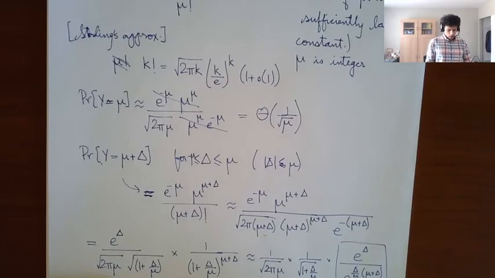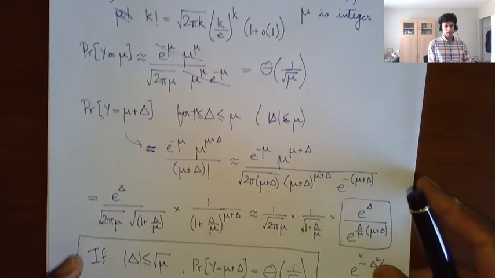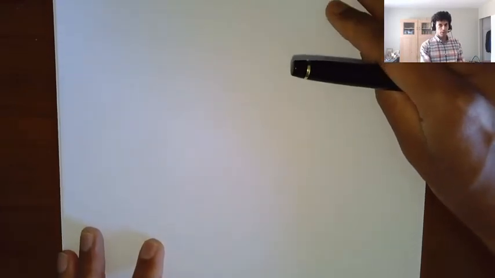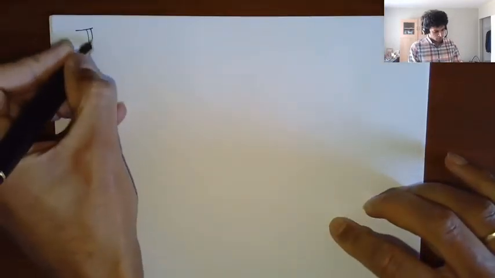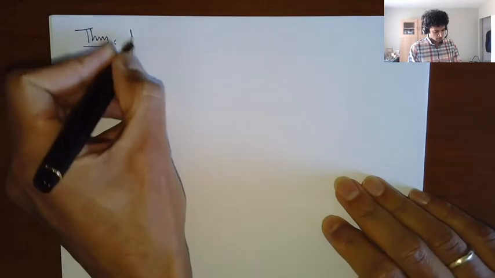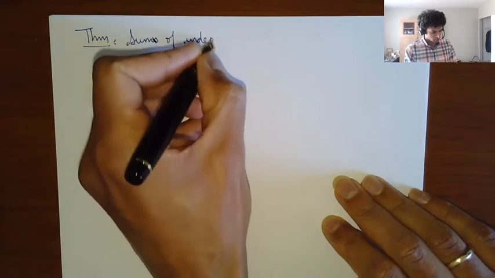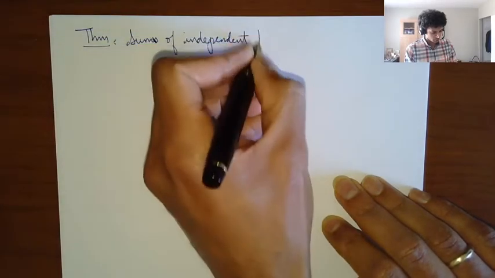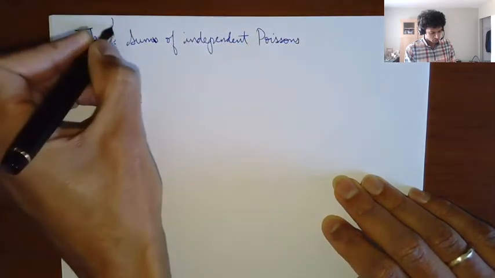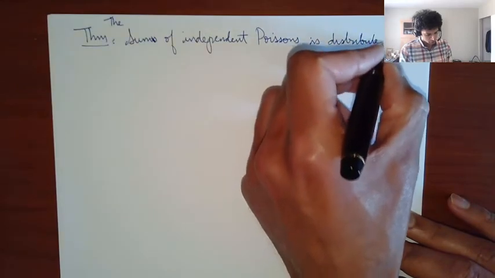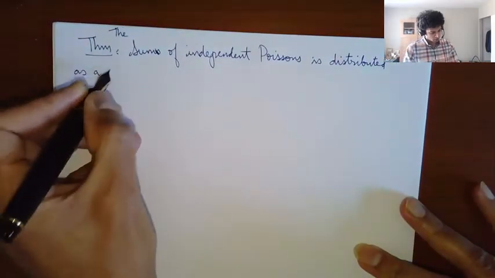Okay. So that is the basics of the Poisson distribution in terms of its behavior. Then we come to our second important fact about the Poisson distribution, a theorem that says the sum of independent Poissons is distributed as a Poisson.